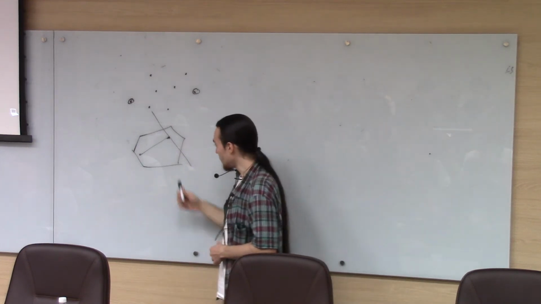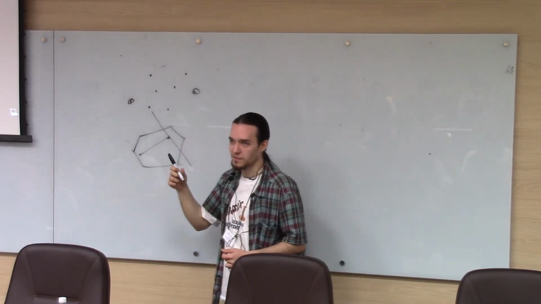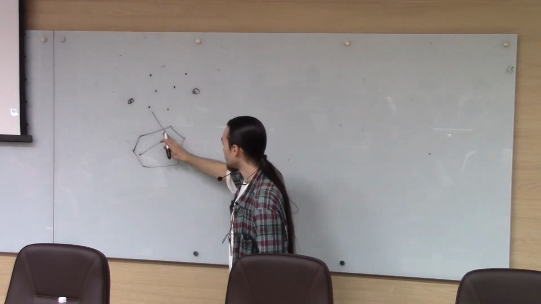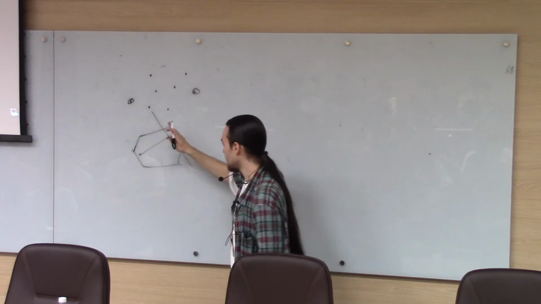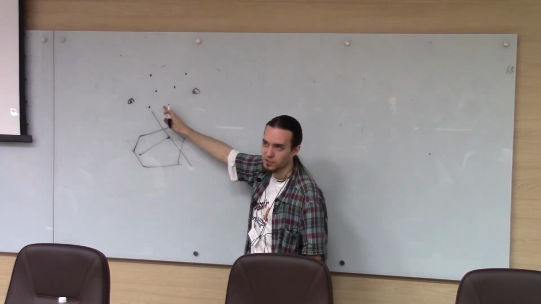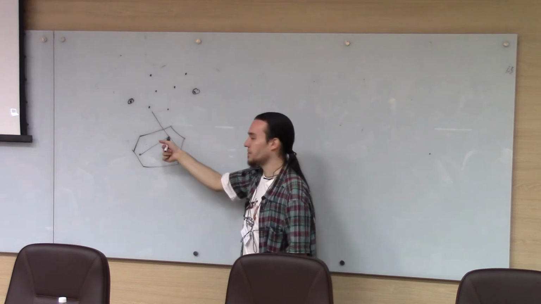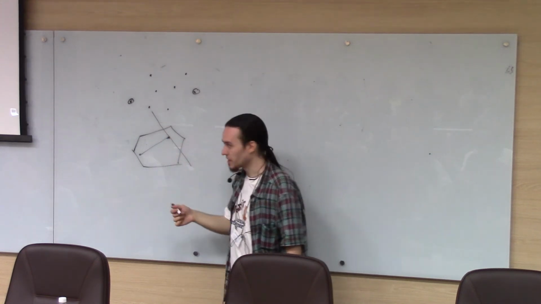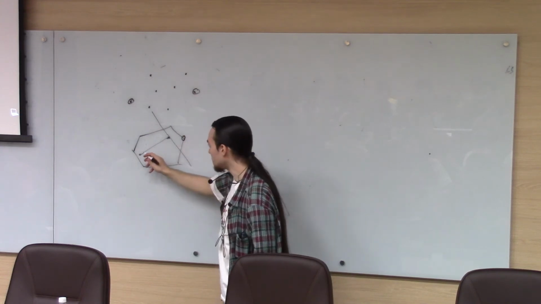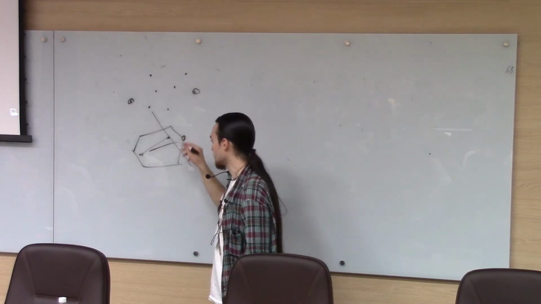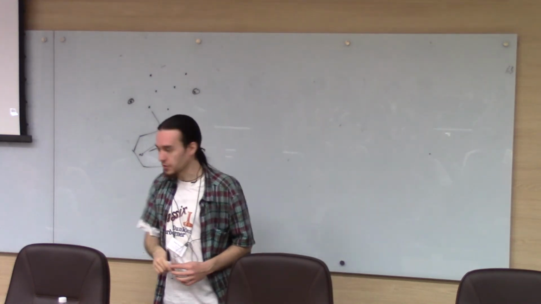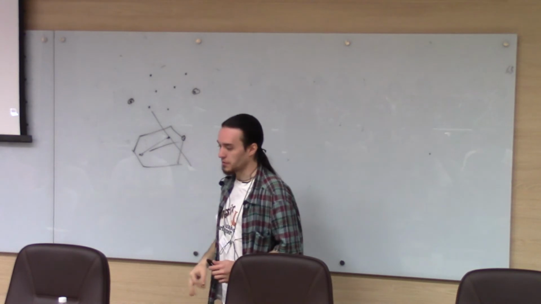So if this point is strictly inside the convex hull, then there is at least one vertex of the convex hull on the other side of this line. Because if there are no points, then we are on the border of the convex hull. And if we take this vertex, since it's on the other side, this distance is actually larger. So we should only care about the points on the convex hull.